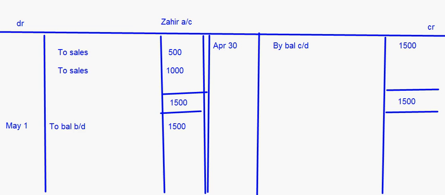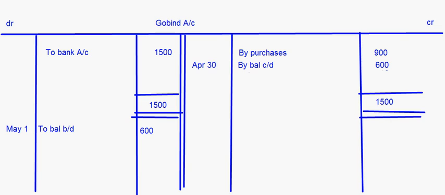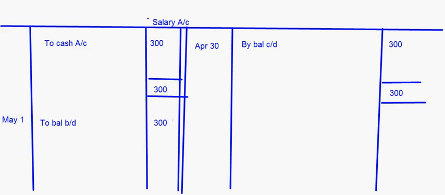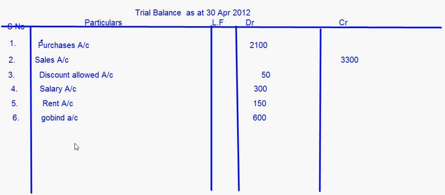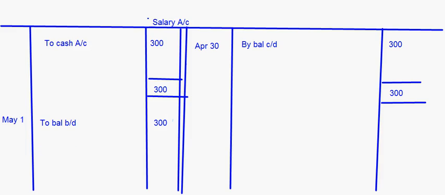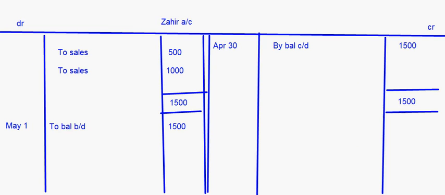Then you have Zahir account, again has a debit balance of 1500, right? So 7, this is Zahir and here you have 1500. Okay, Govind is done. Zahir account we have done.